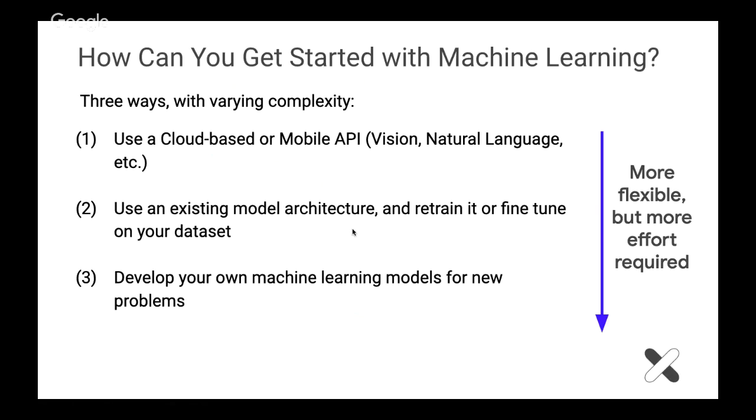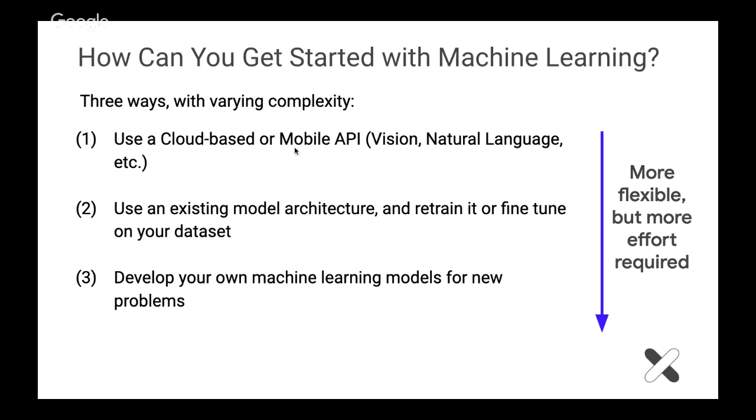Second step, you can use frameworks like TensorFlow and open source frameworks and libraries, models, and so on. You can use them to train and to make your machine learning applications. Finally, you can develop your own machine learning models, which is the most advanced level in machine learning.